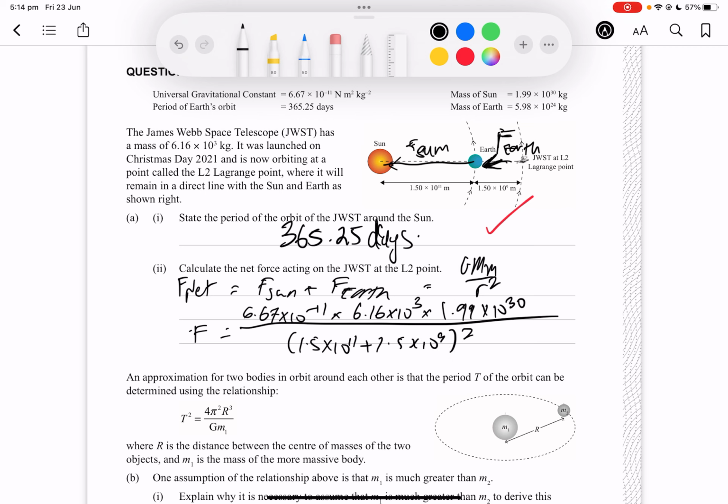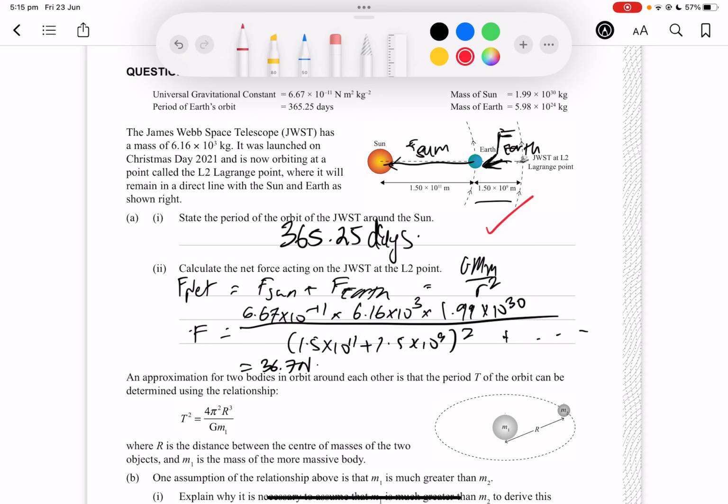And we're going to add that to the F Earth, which will be a very similar expression. It's exactly the same, except the mass of the Sun will be the mass of the Earth, and the distance will be 1.5 times 10 to the 9 rather than 1.5 times 10 to the power 11 plus 1.5 times 10 to the 9. And this will give a sum of 36.7 newtons.